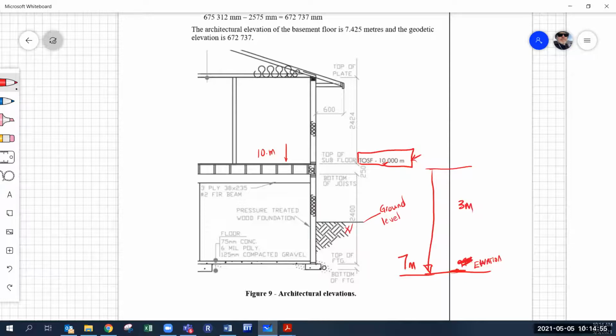This is the symbol for dirt, or earth. So I want you to calculate the elevation at the ground level right here. Using some math, figure out how far we go down to get the elevation right here on the ground.